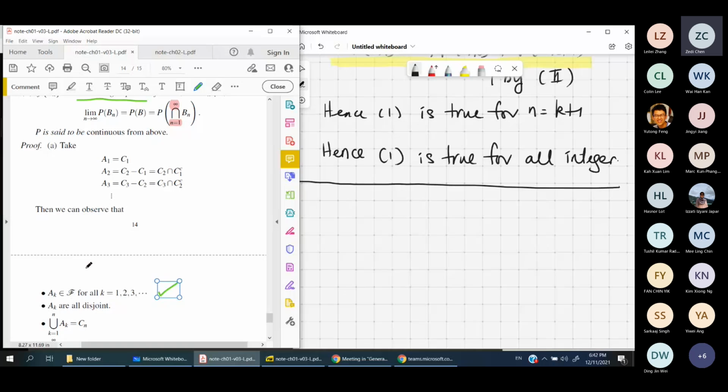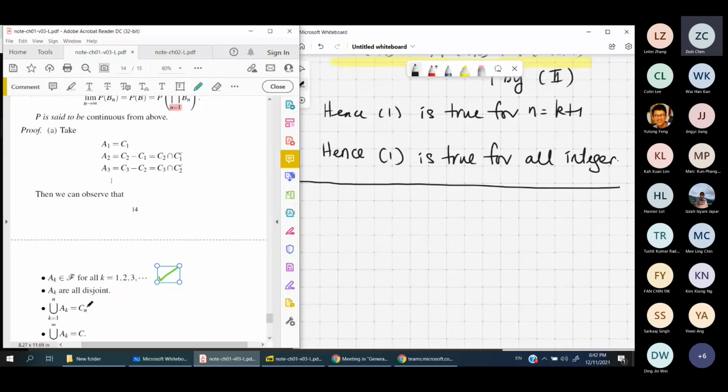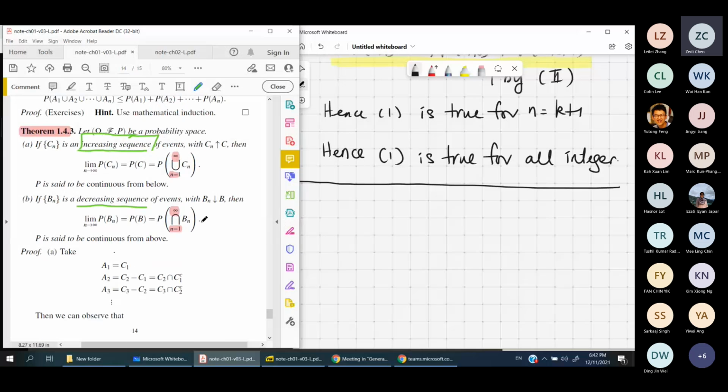We need to use what you call a tutorial question. And next, the Ak are disjoint. Why are the Ak disjoint? We can look at it. Just look at the picture.